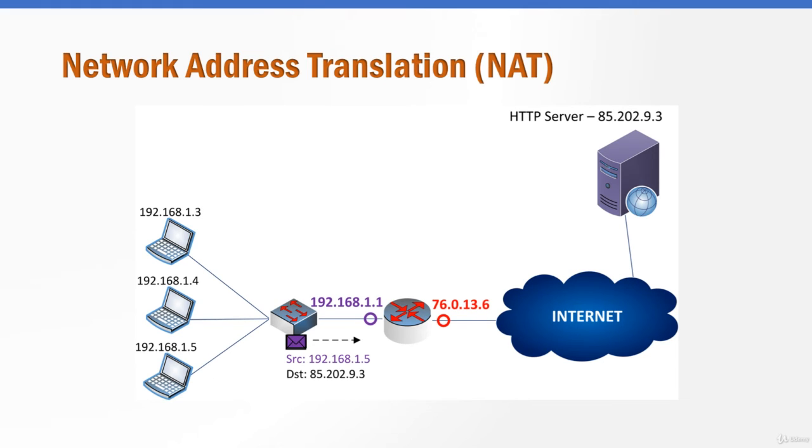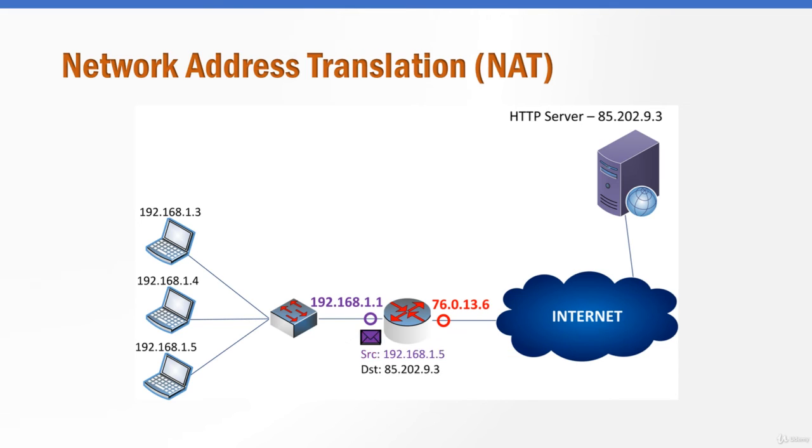So when this packet reaches the switch, the IP parameters remain the same. And then when this packet reaches the LAN interface on the router, the IP parameters are still the same. They only change when this packet reaches the WAN, or the outside facing interface of the router.